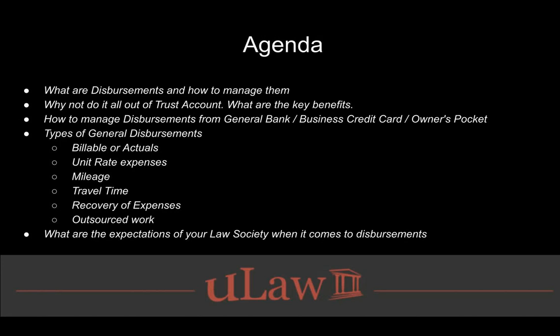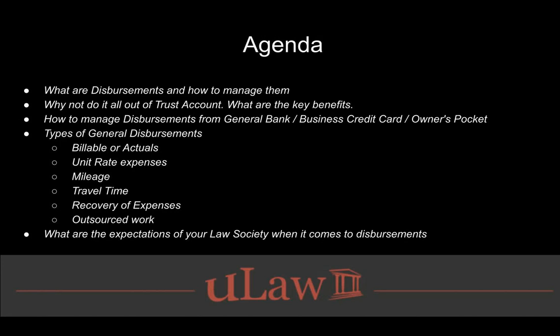We're going to be seeing different scenarios here as to what happens when you outsource the work, which is third-party consultancy. What happens when you are recovering expenses for travel, mileage, how do you bill them? And especially for printing and photocopies and courier, how do you charge billable? How do you charge unit rate, etc.?